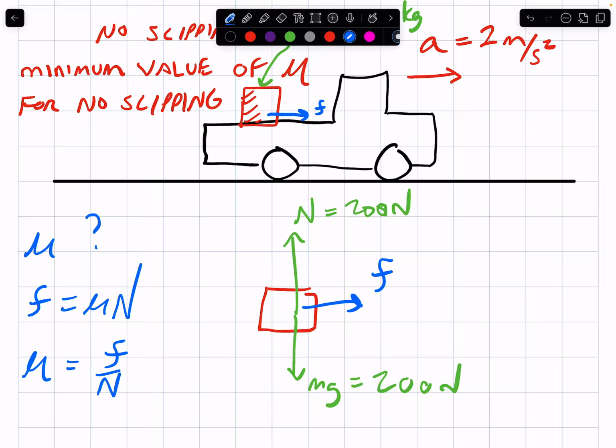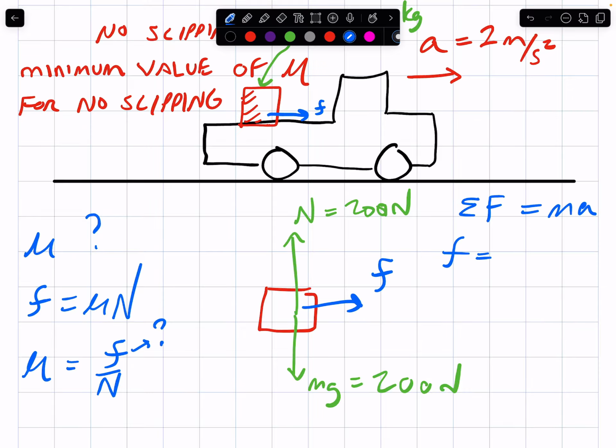I know what N is. The question is, how big does F have to be? Well, to figure that out, you write down, you'll never guess this, Newton's second law, which says net force is ma. And so the net force here is just this friction.